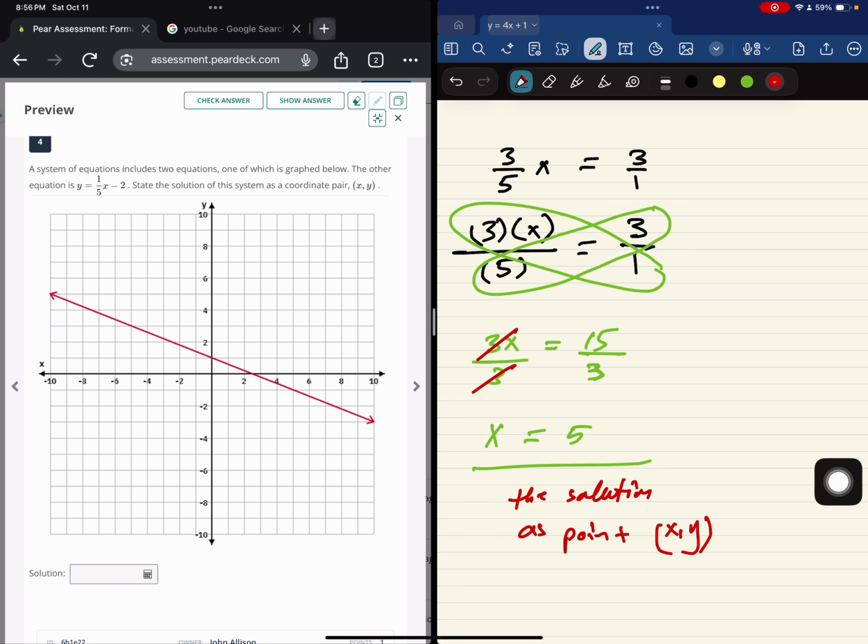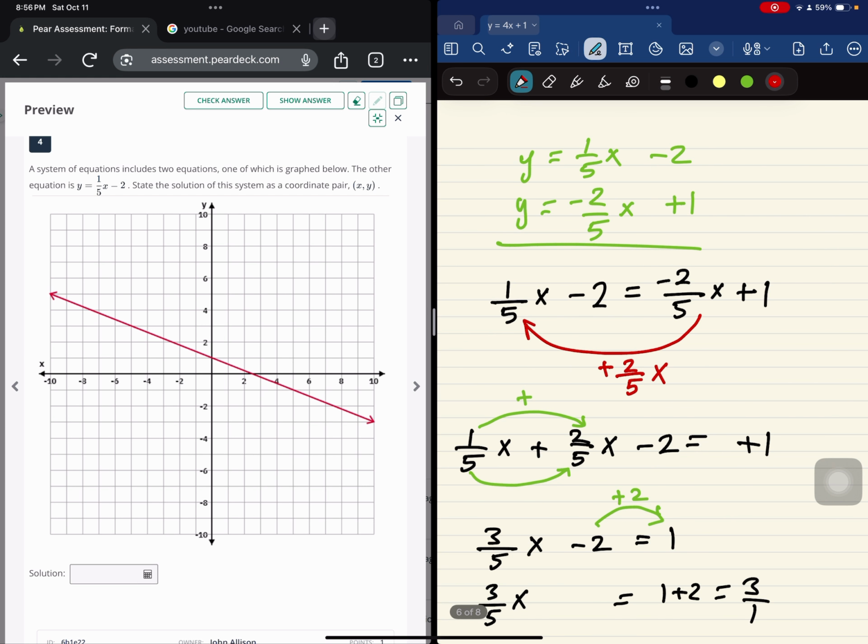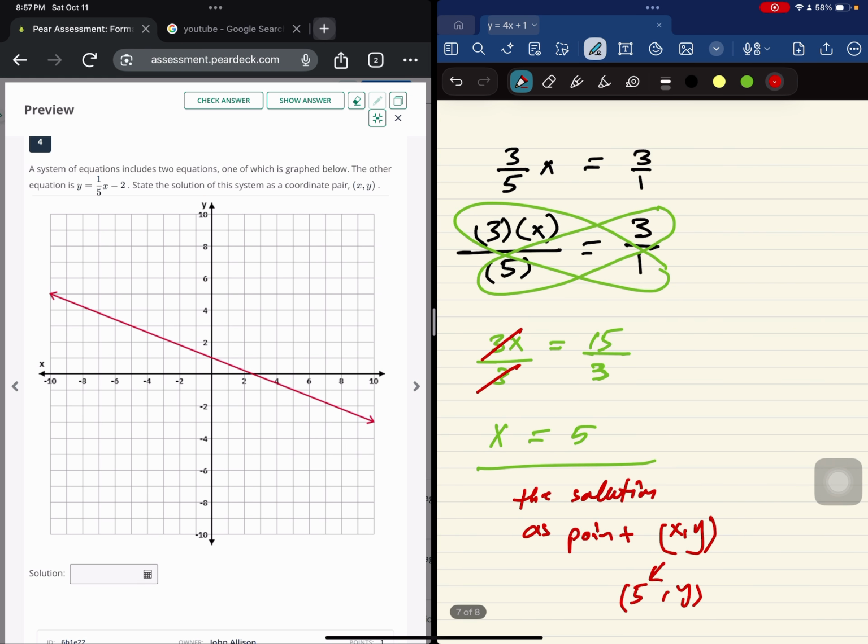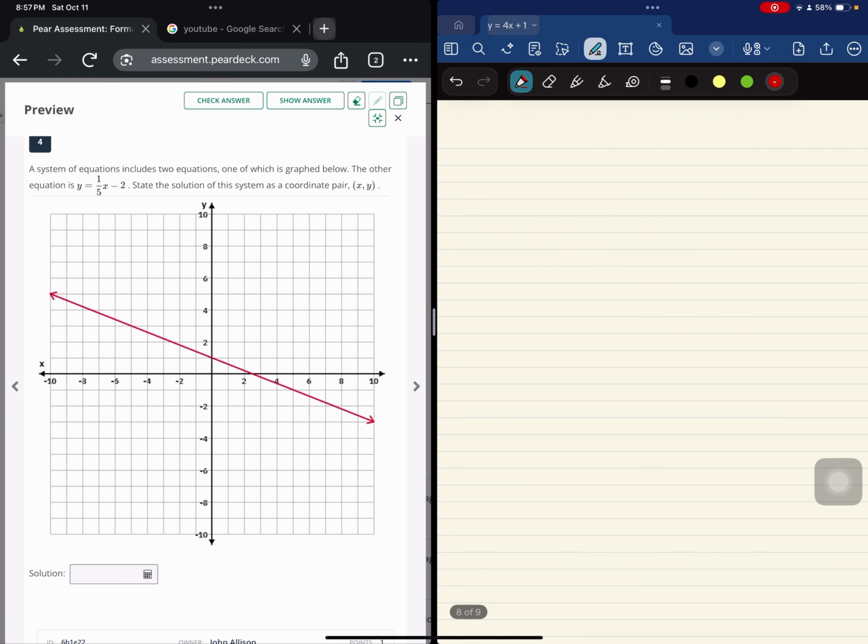We now know the value of x is equal to 5. What about y? To find the value of y, we can use the two equations, or at least one of them. We will take the equation y equals 1/5 x minus 2.